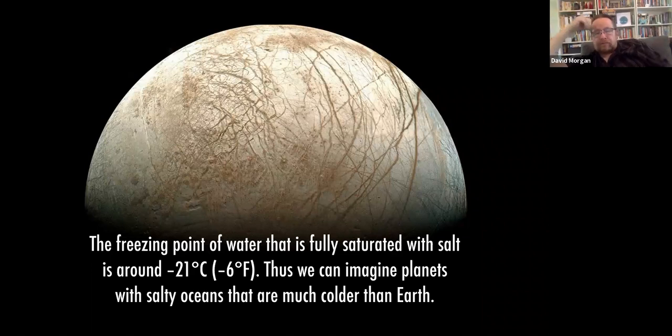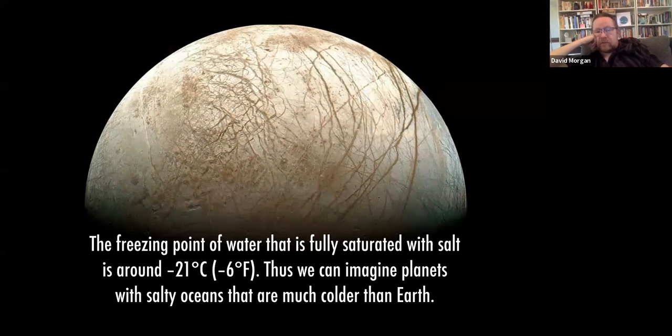If you fully saturate water with salt, the maximum amount of salt it will take into solution, the freezing point drops to about 21 degrees below 0 Celsius, about -6 Fahrenheit. We can therefore imagine planets with salty oceans that are colder than our oceans, that are below 0 degrees Fahrenheit.